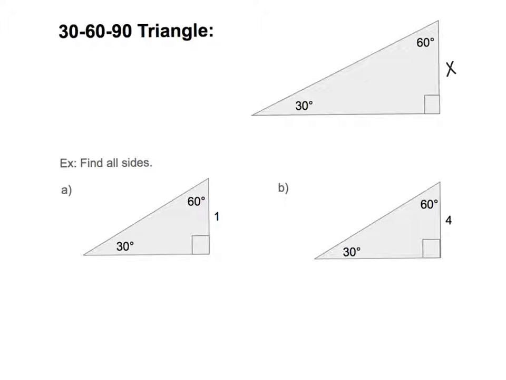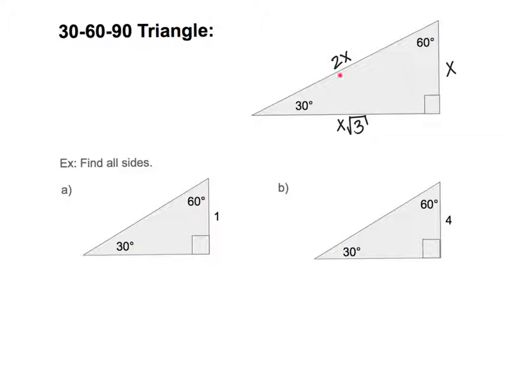So I'm going to get my marker here. It's always double, so I can say that's 2 times x. Then this longer side is really weird. It's actually x times the square root of 3.